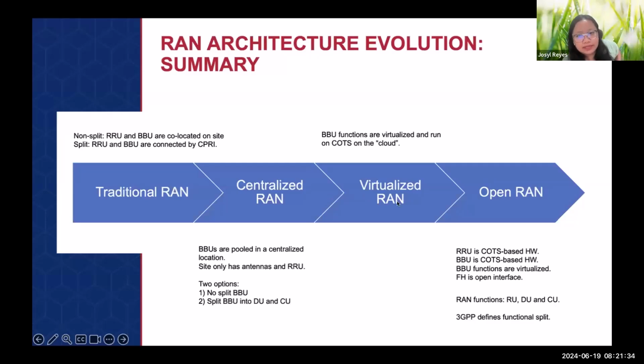Okay, another kind of architecture is the virtualized RAN, wherein the different functions are virtualized on top of commercial off-the-shelf devices. Another name for this is virtual RAN or just vRAN. But the key difference is that in virtualized RAN, not all the components are open, meaning some of the devices are still proprietary.